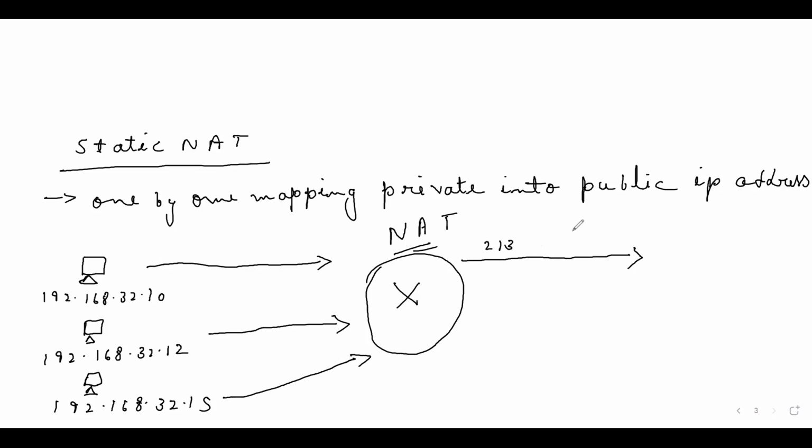This is a range of public IP, 213.16.123.10. That's why I say it's one by one. If you have one private IP, it will convert into one public IP. Static, one by one. It's not 16, I think it's 18.